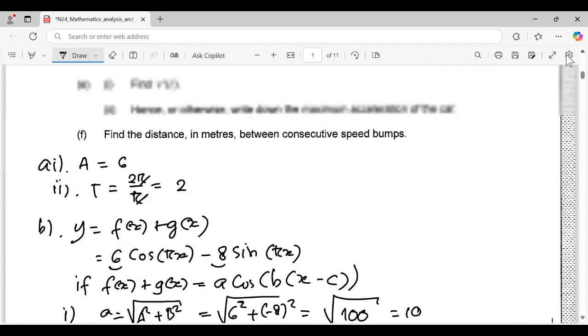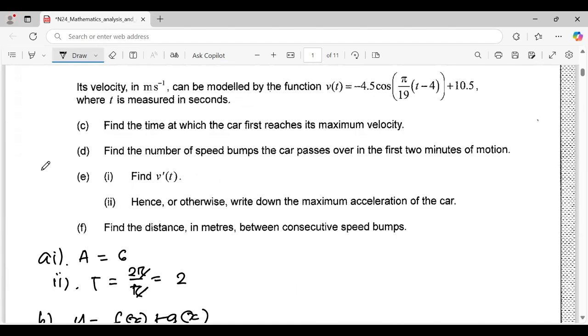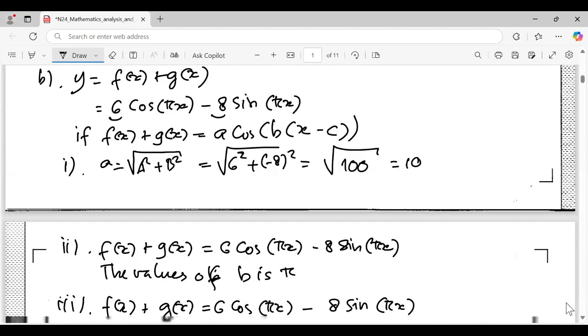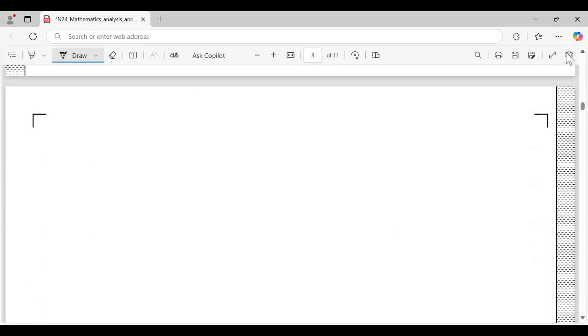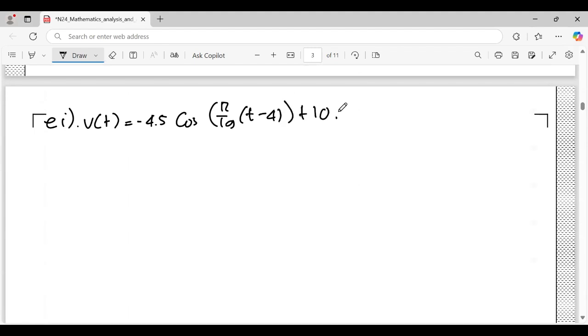Next, part E. Find the derivative of V(t). V(t) is -4.5 cos(pi/19 (t - 4)) + 10.5.